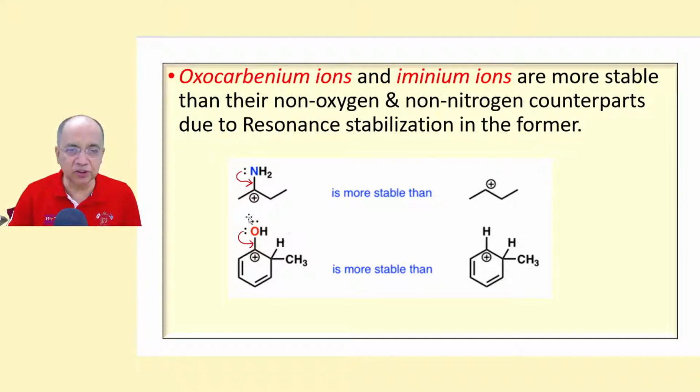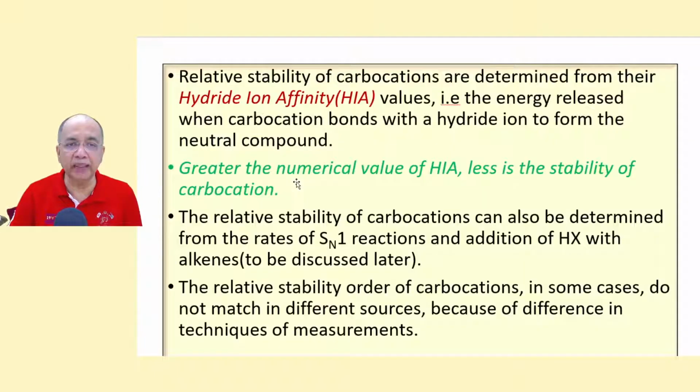That is pattern 3. You can draw the other more contributing resonance structure to explain the stability of a carbocation next to an oxygen or nitrogen atom. This is the oxocarbenium ion and this is the iminium ion.